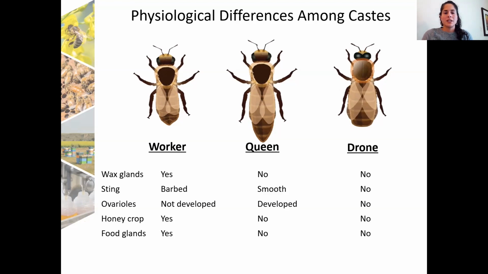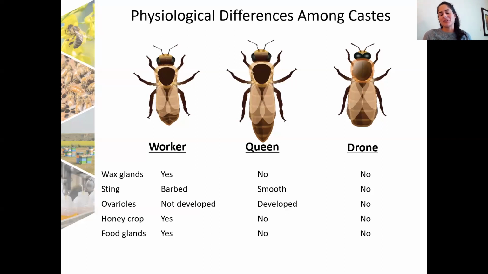And that's just a way for you to also see that queens cannot survive on their own, because they cannot feed themselves and they cannot build comb. They rely 100% on workers. But workers also depend on the queen because they cannot reproduce, so they need a queen to lay the eggs. And drones have none of those.